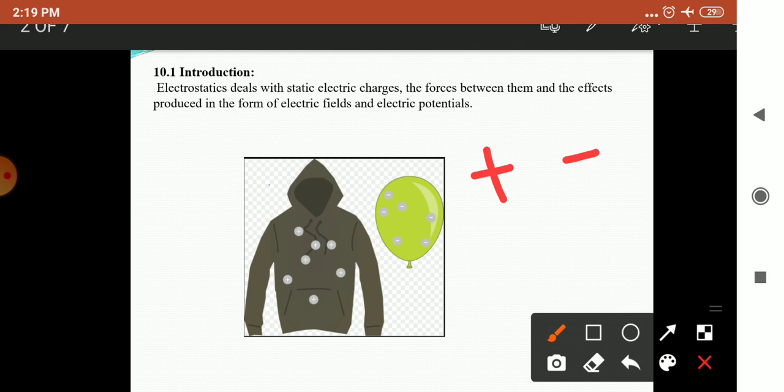Same here, from this diagram you can see this is the sweater which is giving positive charge, and this is a balloon which is giving negative charge. So this balloon will get attracted towards this sweater because of opposite charges, right? Another example which you know is lightning in the sky.